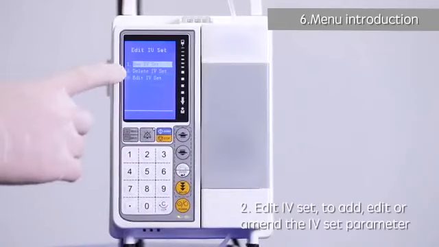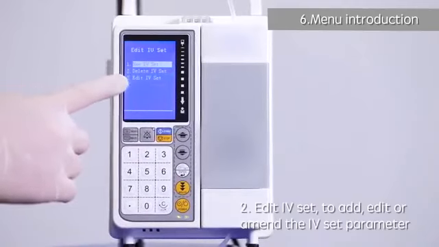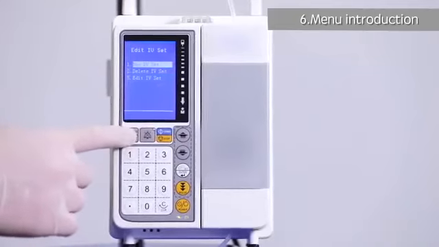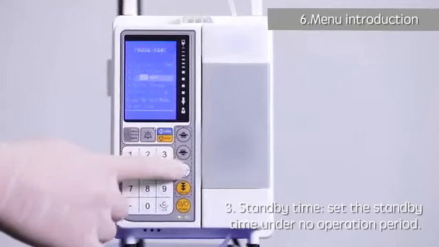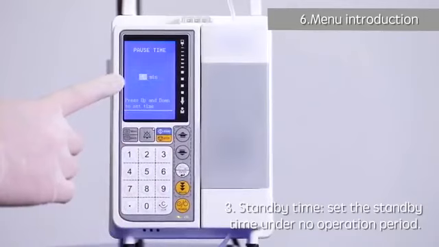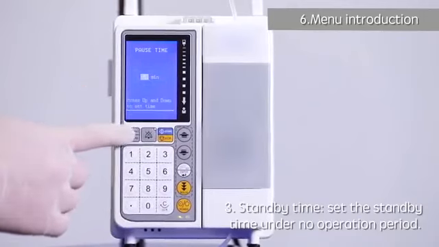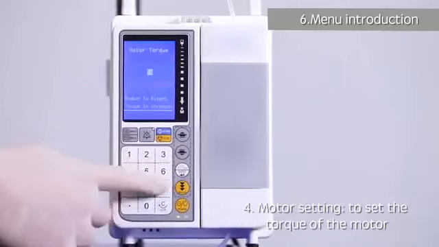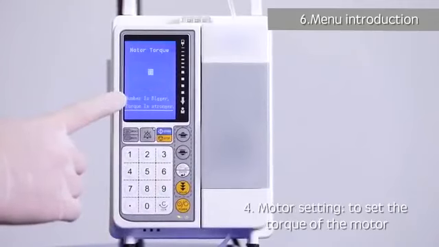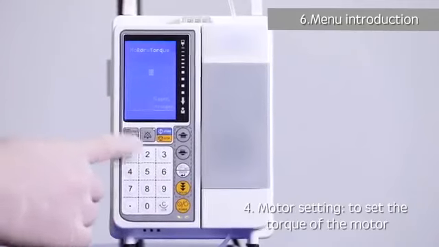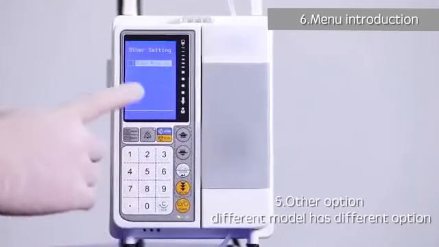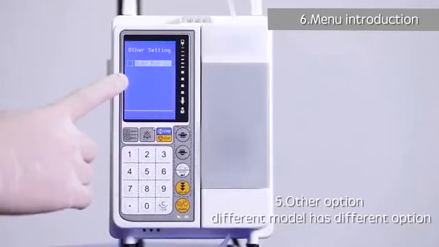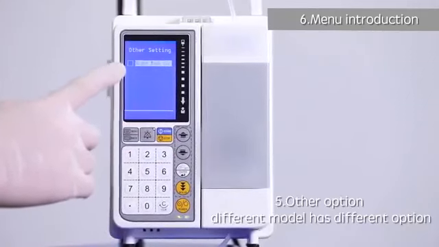Edit Ivysat: to add, edit or amend the Ivysat parameter. 3. Standby time: set a standby time under no operation period. 4. Motor setting: to set the torque of the motor. 5. Other option: different models have different options.